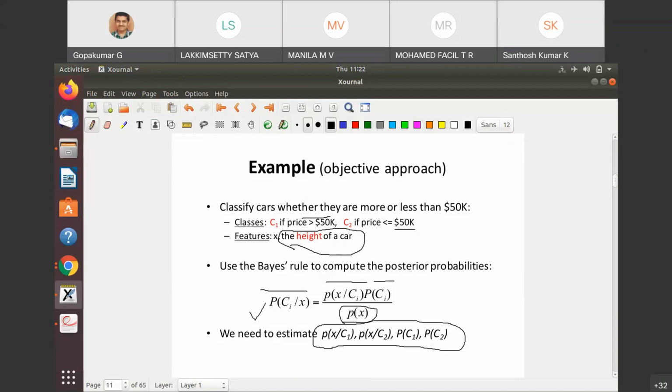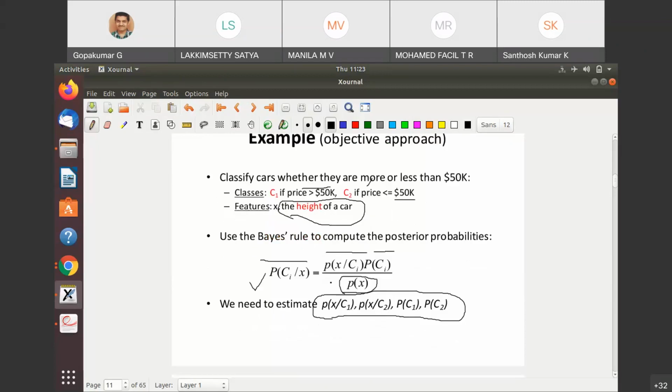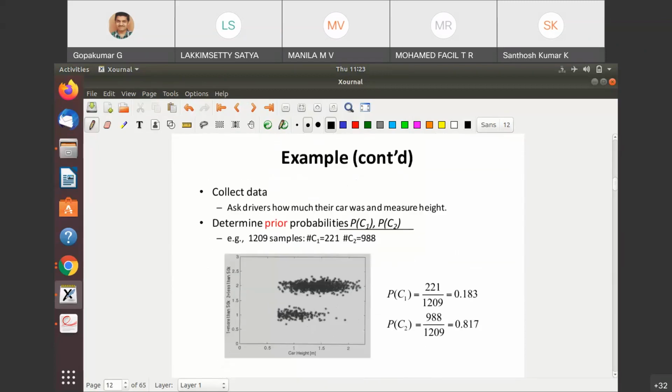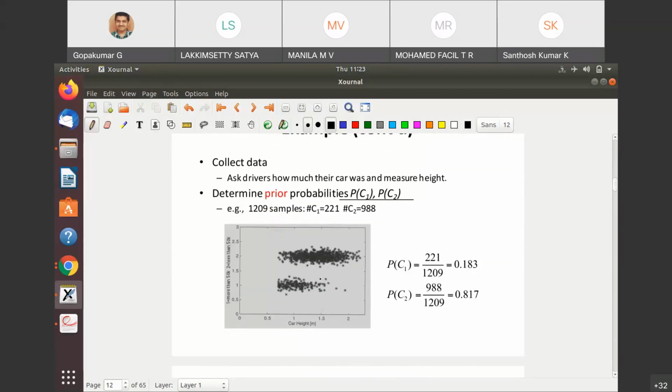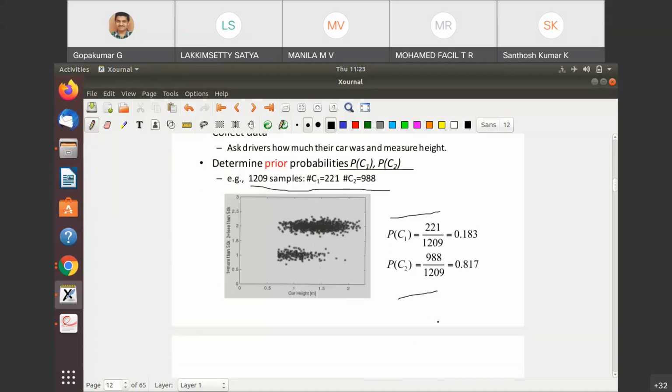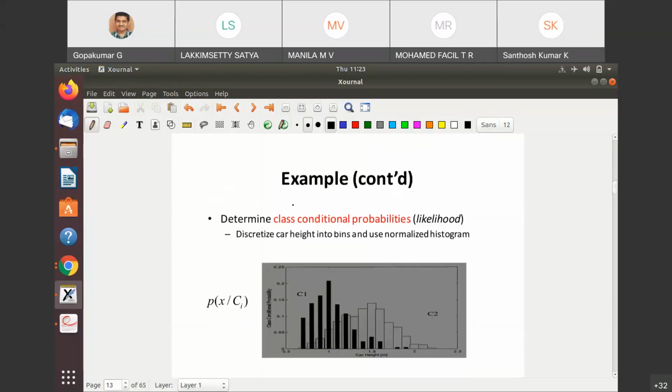If the height of the car is greater than a particular value, then we can say that it belongs to class C1, and otherwise it belongs to class C2. We are not going into the details of that problem, because it is easy to understand. But keep in mind that from the given data we have to find the prior probability, and then the class conditional probability or the likelihood. That is the idea.